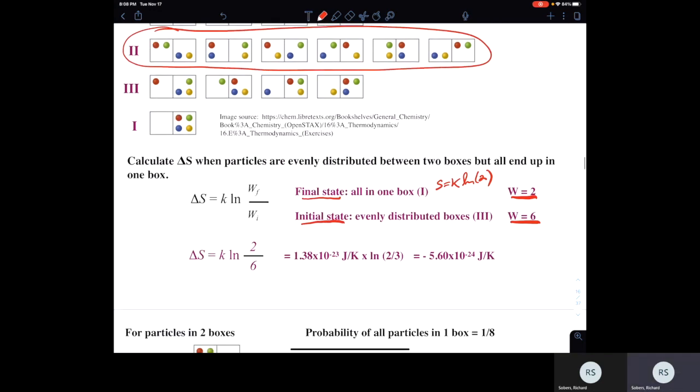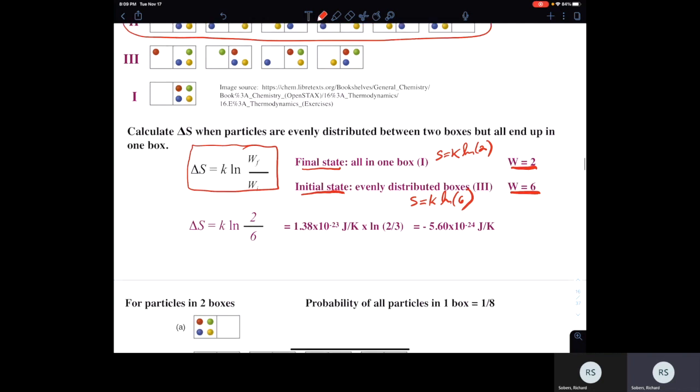I apologize. So W is 6. So S would equal K natural log of 6. Now, we could calculate the entropy of each of those states like that. Plug in, take the natural log of 2 or natural log of 6 and multiply by Boltzmann's constant. Or if we want to calculate delta S, we could use this equation.